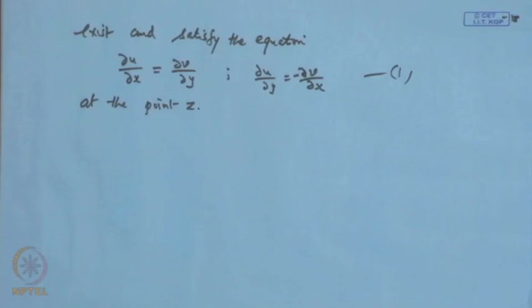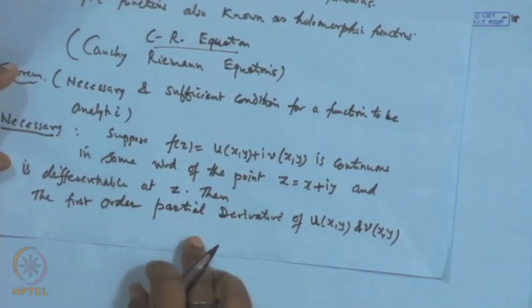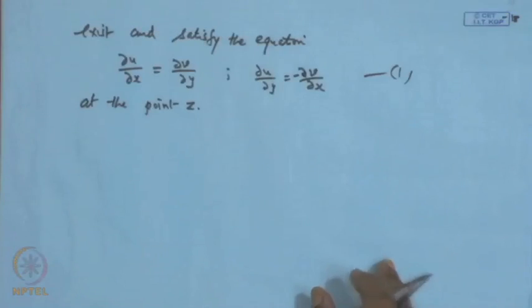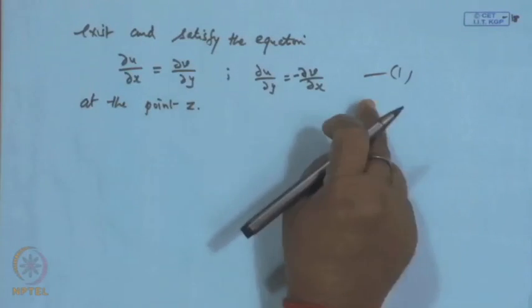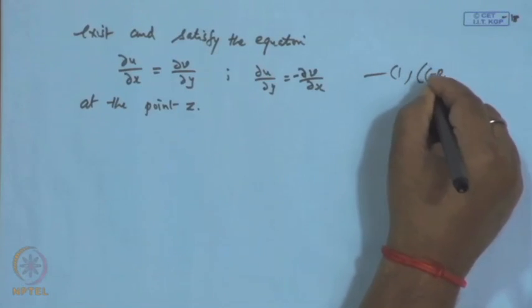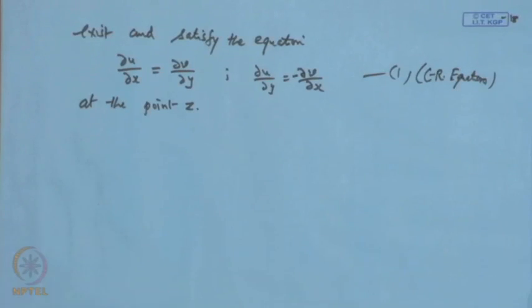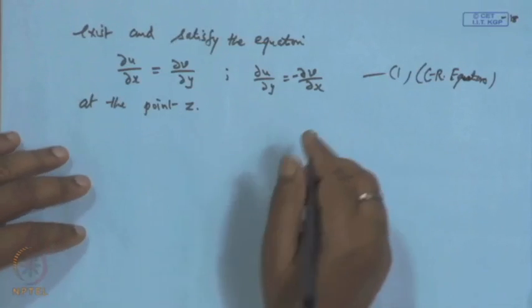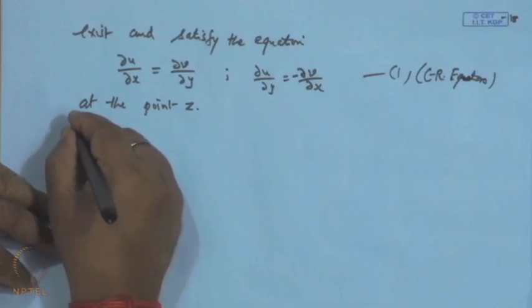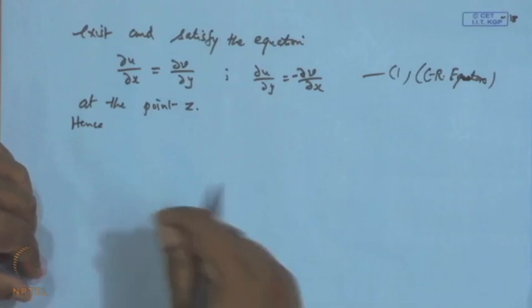So, what does this result say? If a function is differentiable at the point z, then its real and imaginary parts must satisfy these equations. Now, these equations are known as the CR equations. Similarly, the same holds for analyticity, because if the function is analytic, it has to be differentiable.